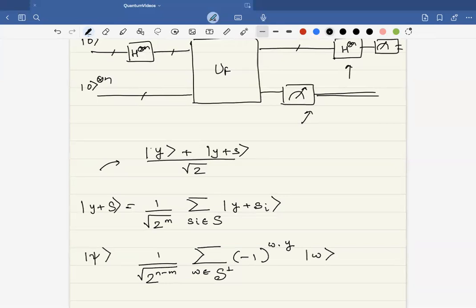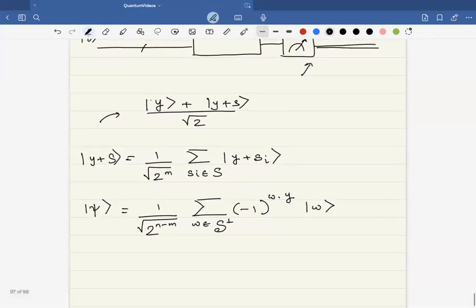When we measure, you will get a vector w_i belonging to S perp.